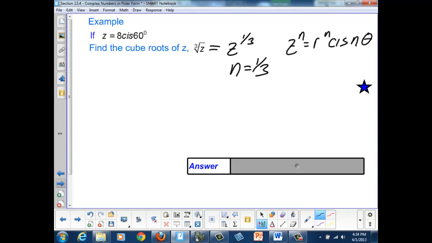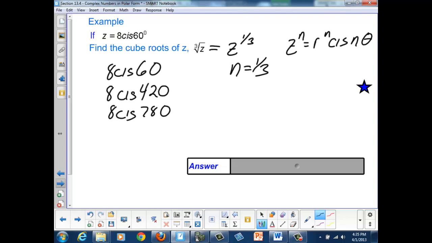So 8 cis 60 could also be 8 cis 420, because I could add 360 degrees, or 8 cis 780, or 8 cis 60 plus multiples of 360 degrees. And we're going to use that fact to help us find all the cube roots of z.